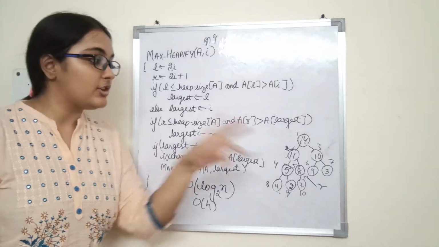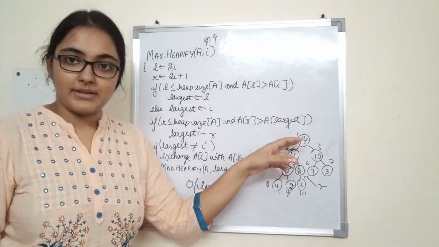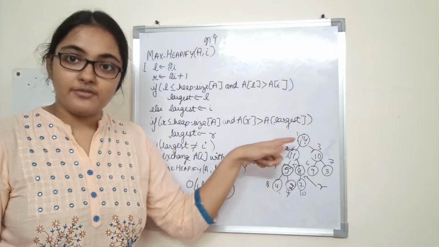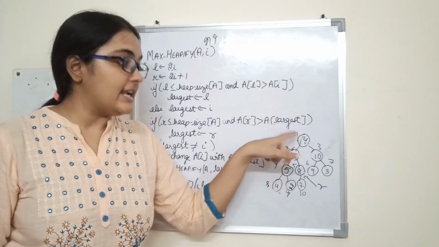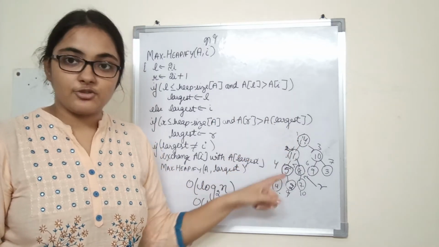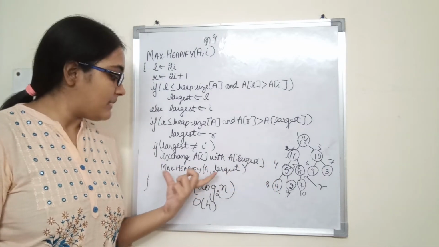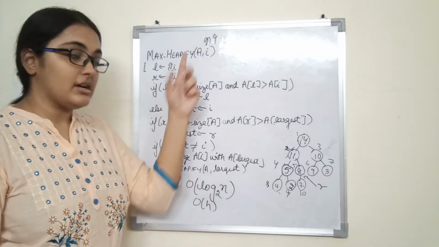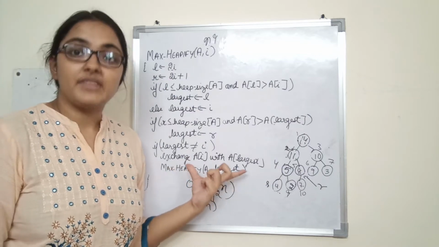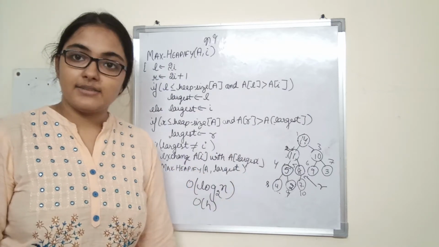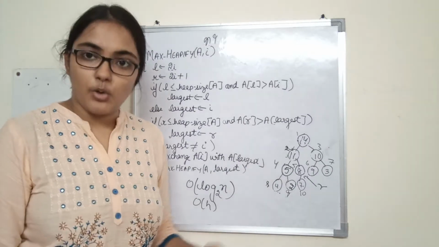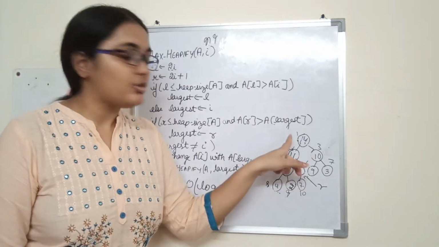In case the root is not the maximum, the root is exchanged with one of the children, and then max heapify is called on that child. So the amount of time taken by the max heapify procedure is mainly the time taken by the recursive calls. So how many recursive calls are made? We check if the root is maximum.